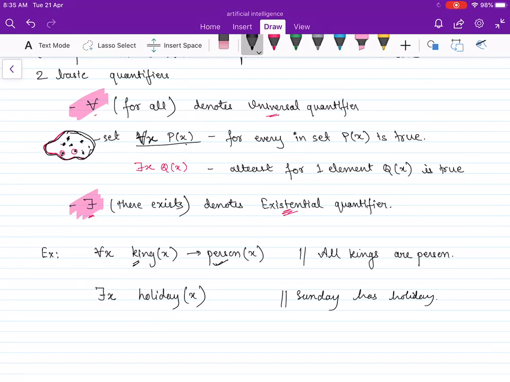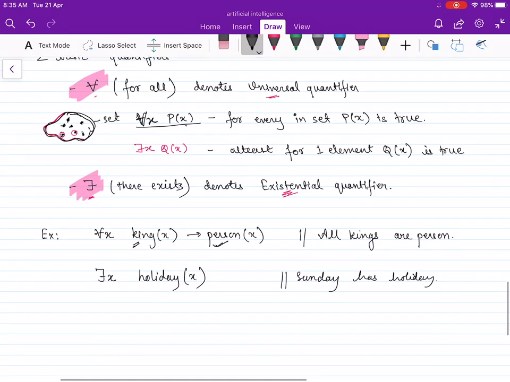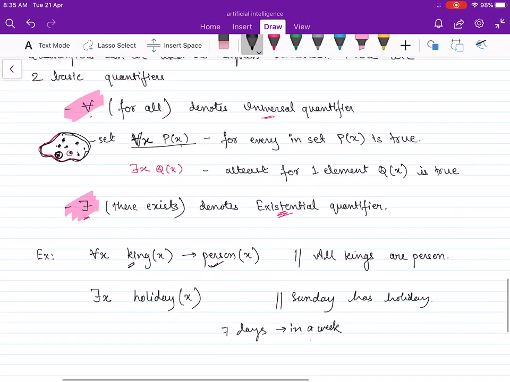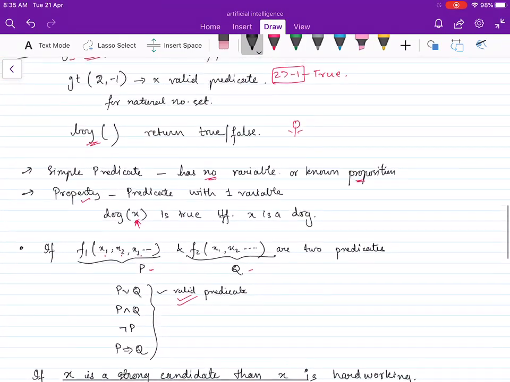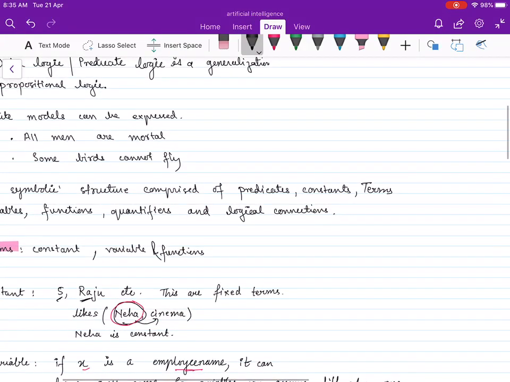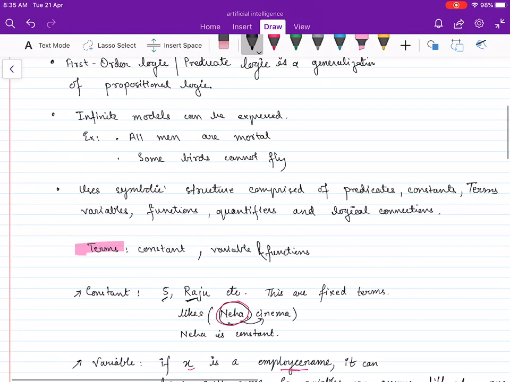And for example, holiday(x): there are 7 days in a week, and at least one day, that is Sunday, is a holiday. So there exists at least one which satisfies this condition. So we have discussed quantifiers, predicates, functions, terms, and what first order logic is, and why it is used instead of propositional logic. Thank you.